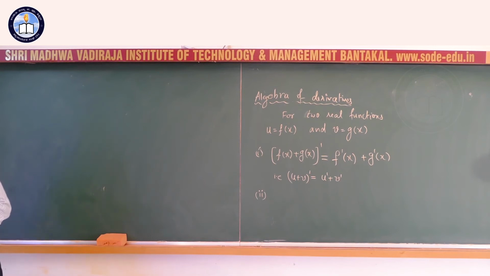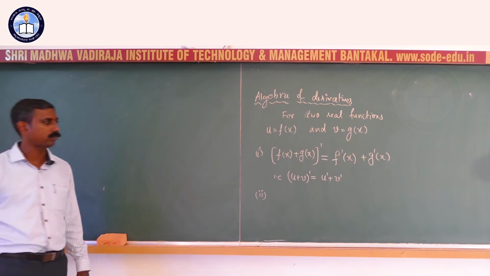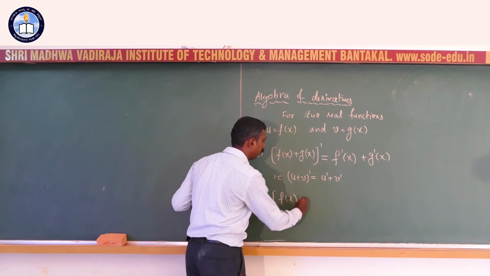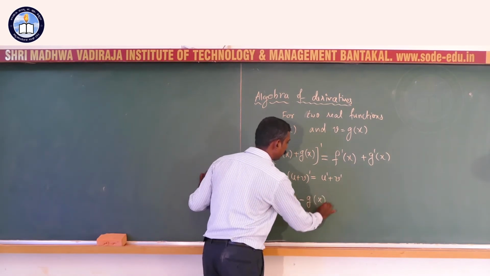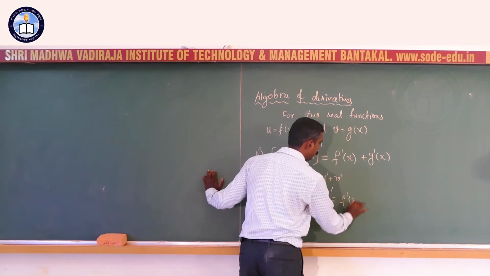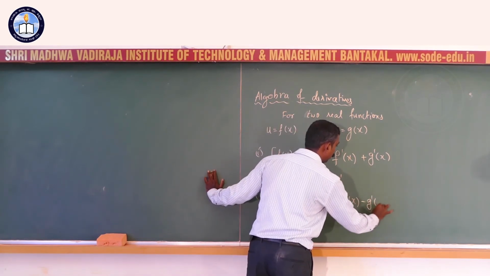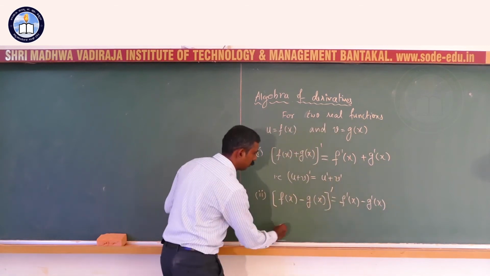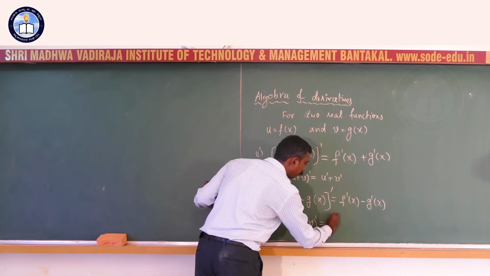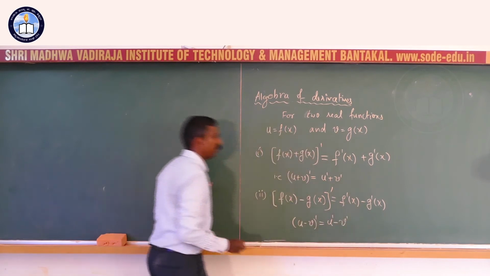So that is f dash of x minus g dash of x. So it is similar to the previous one: f of x minus g of x whole dash is equal to f dash of x minus g dash of x. Otherwise, u minus v whole dash is equal to u dash minus v dash.